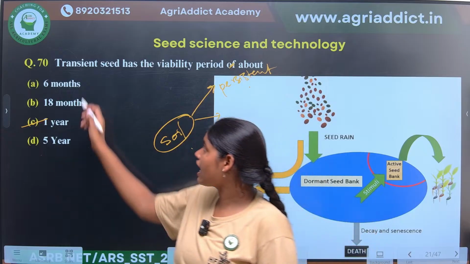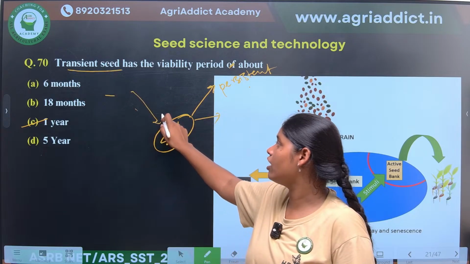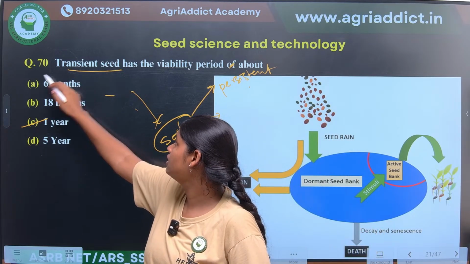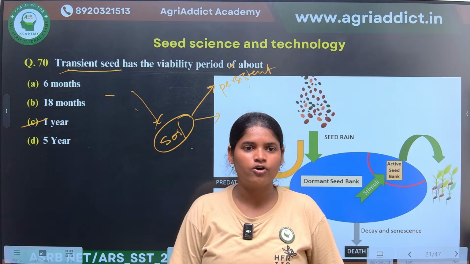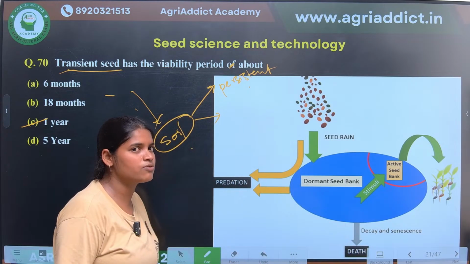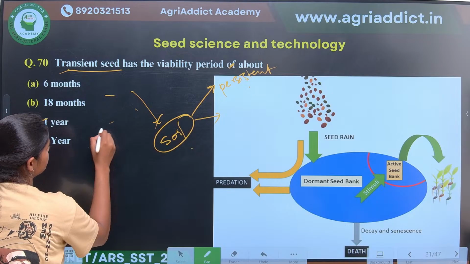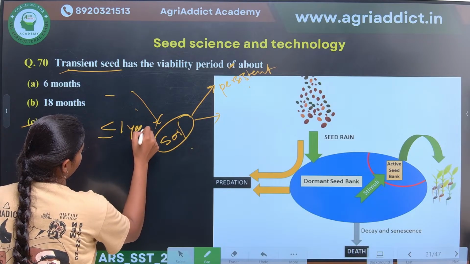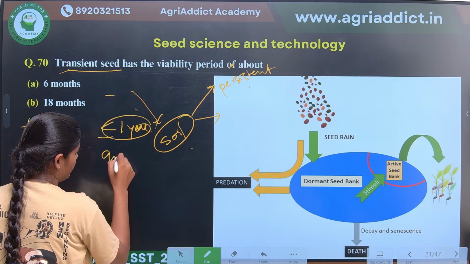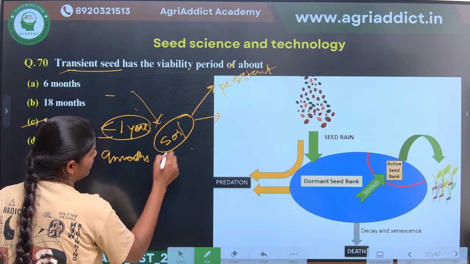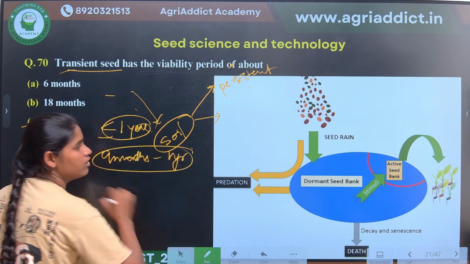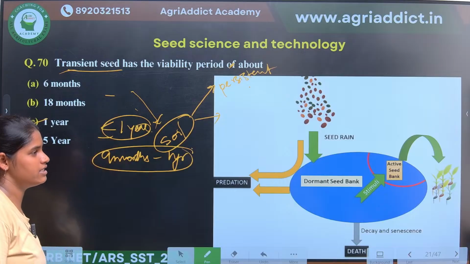Those seeds which stay for a short duration in the soil seed bank are called transient seeds. Short duration means usually one season, or up to 1 year, in particular 9 months to 1 year. That is the duration for transients.